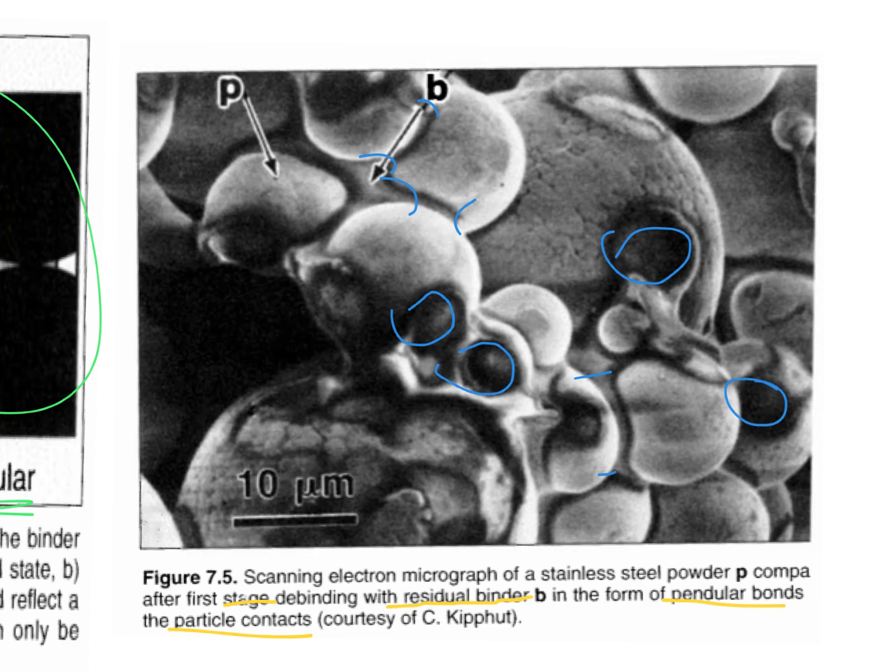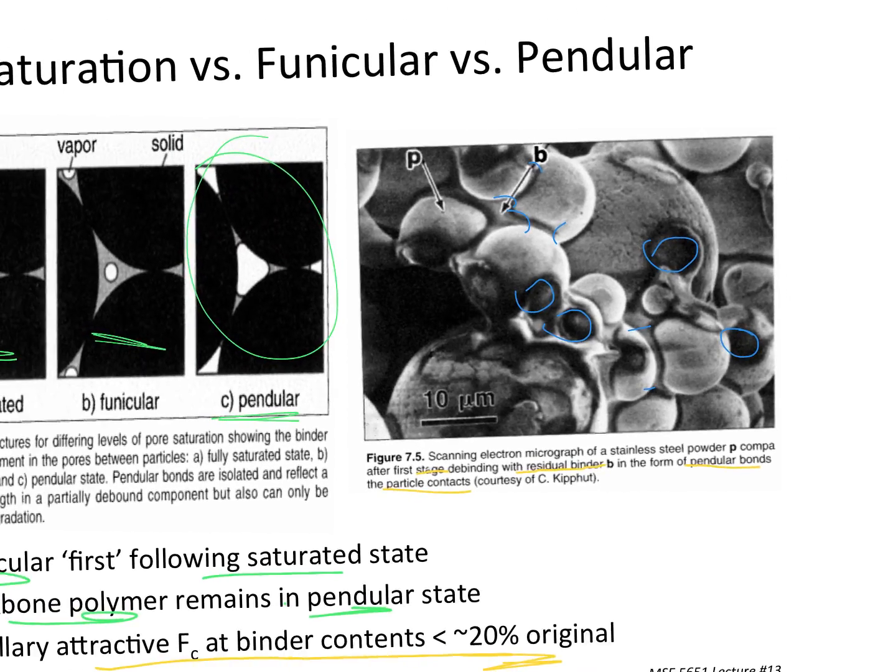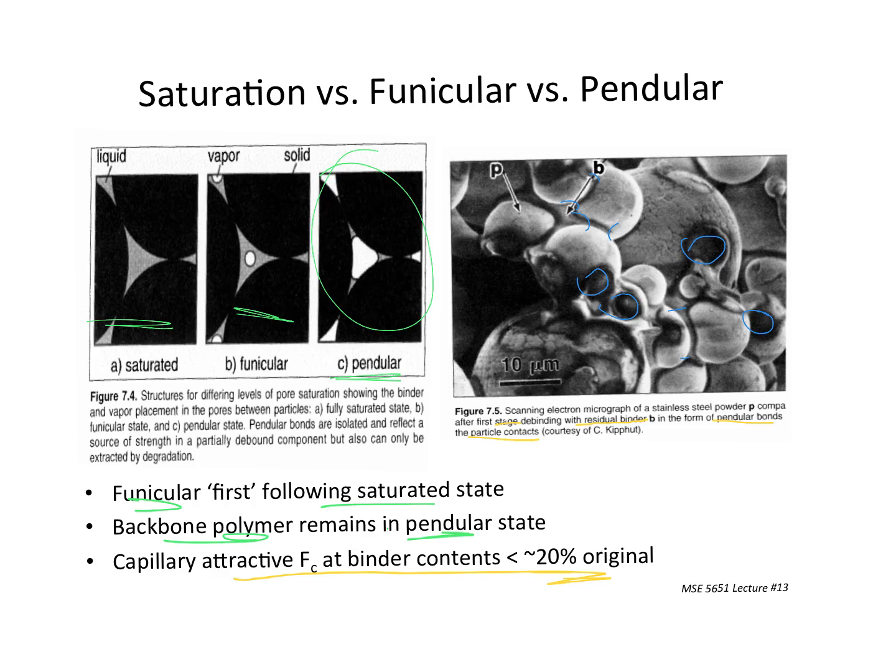All right, you can see these rounded areas, and these result from the fact that this was continuous when we broke it open to put it in the SEM, until we broke all those bonds, and now we can see the remnants of those bonds left behind by the successful removal of one organic phase and not the other. All right, does everyone see that? And so this is doing exactly what it should be doing in this context, providing those bonds, holding these things together.